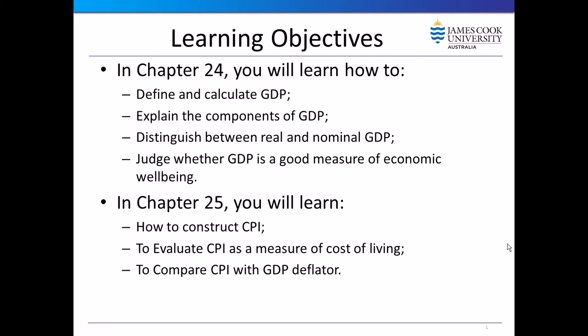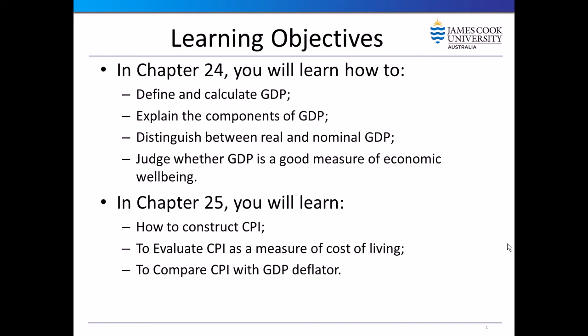Previously, we've been in the area we called microeconomics, where we look at individual consumers and the firms' decision making and their interaction in the markets. From week 7, we will attend to macroeconomics, where we look at the economy as a whole.